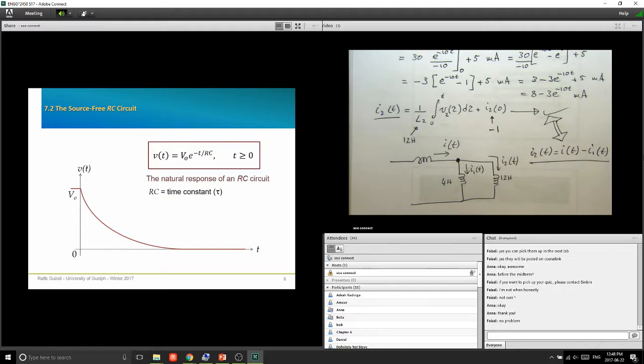So this equation, V naught e to the negative t over RC, is the natural response of an RC circuit. And this product of R times C is called the time constant. We refer to it as tau. It has units of time.